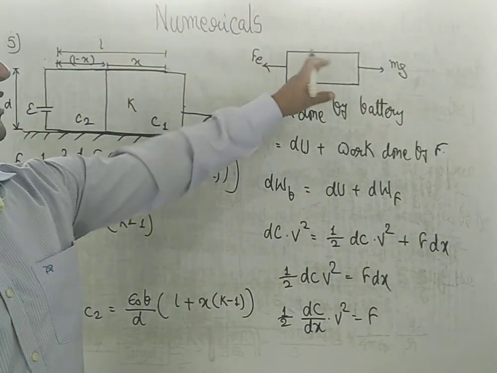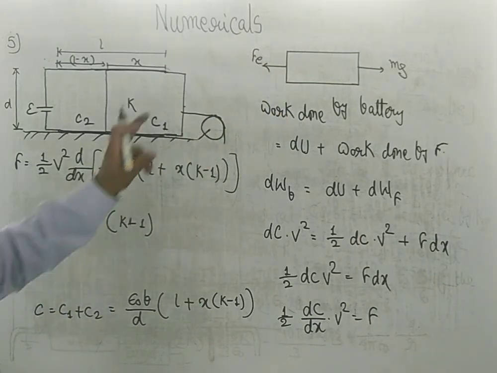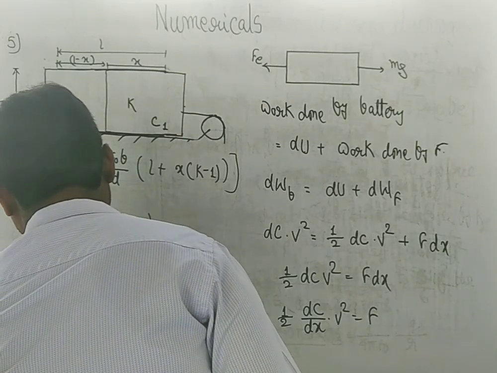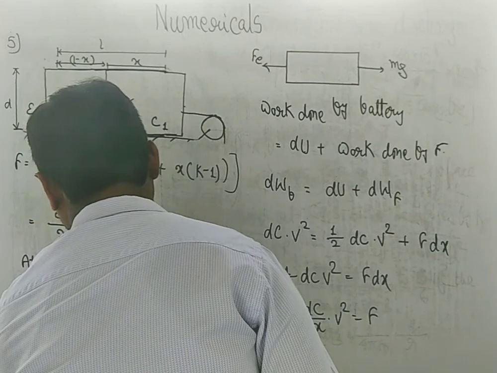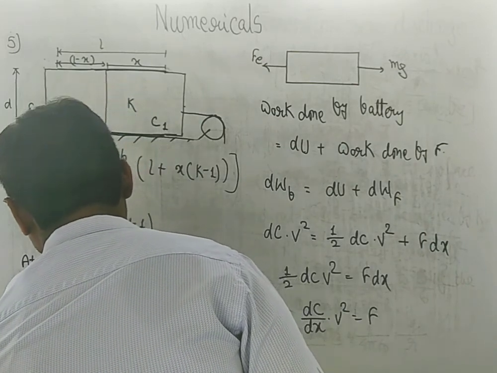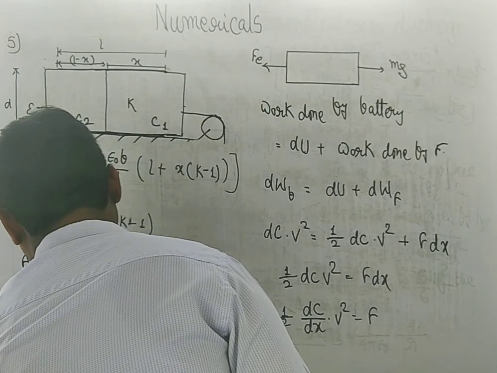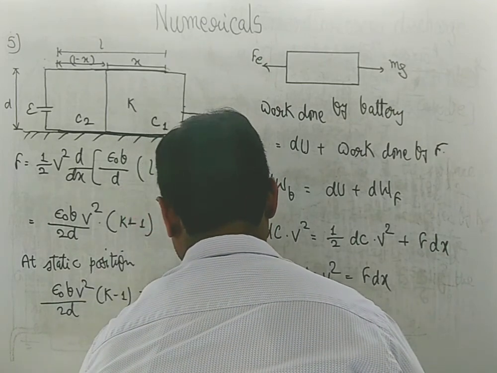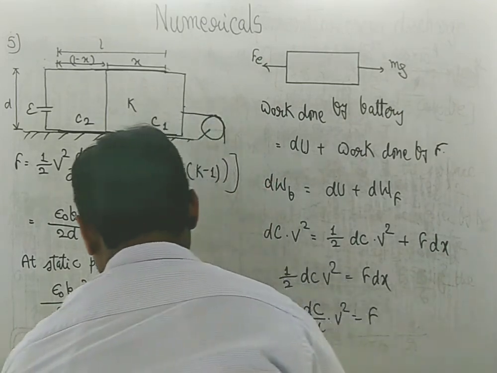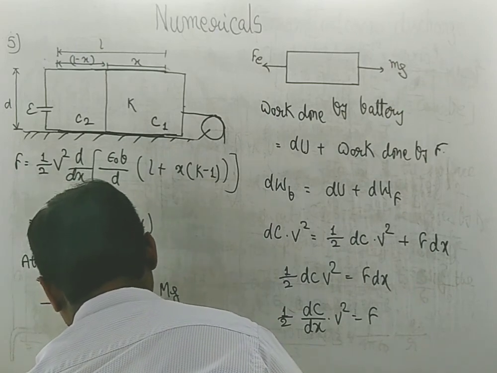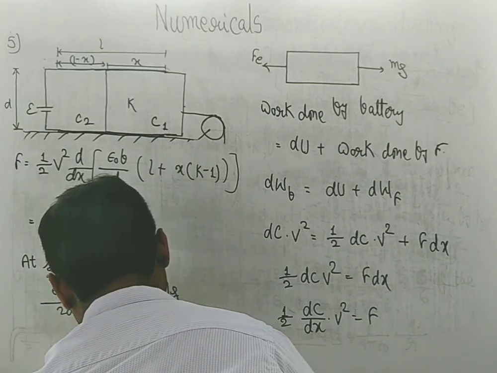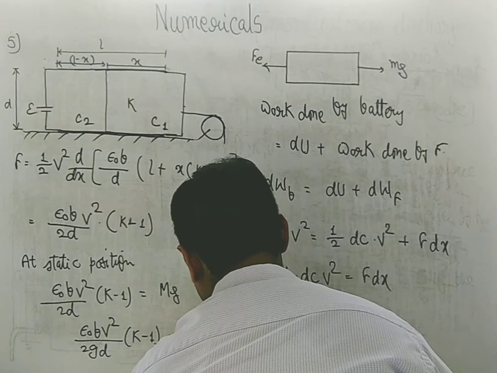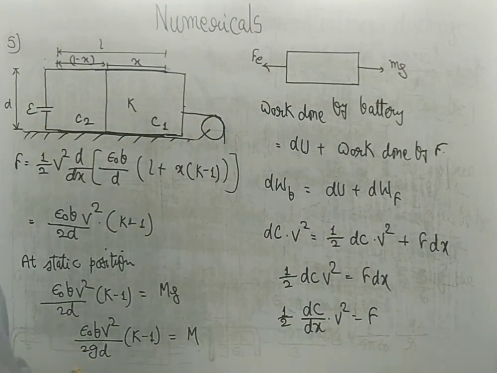Now at this condition, equating this force with M into g, at static or equilibrium position, epsilon naught b V square upon 2D into (K minus 1) will be equal to mass into gravity. Just transposing g, epsilon naught b V square upon 2gD into (K minus 1) will be equal to the value of the mass that the question is asking.